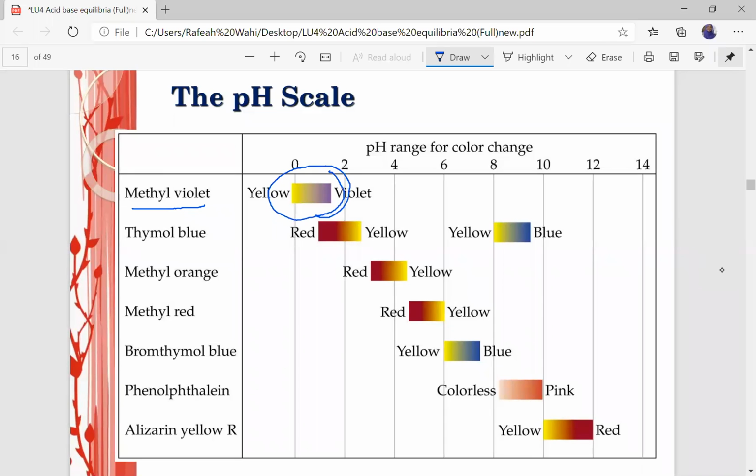However, some indicators can also act as indicators in both acidic and basic conditions. For example, cresol red, it can change from red to yellow between pH 1 to pH 2.5, and it can change from yellow to red from pH 8 to pH 9.5. So this is an example of how we use an indicator.